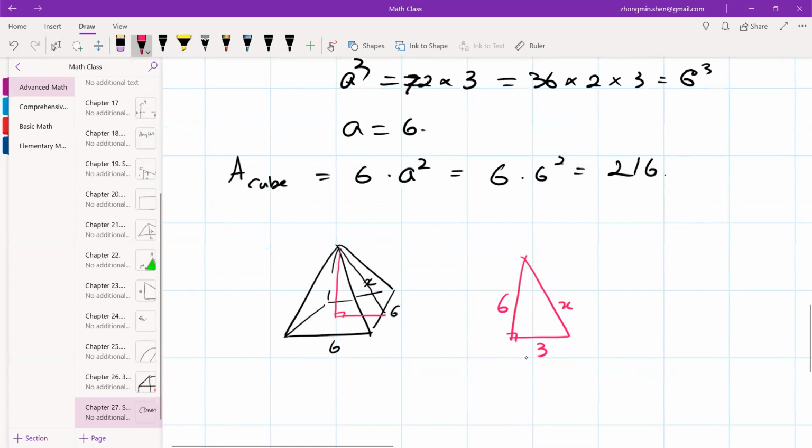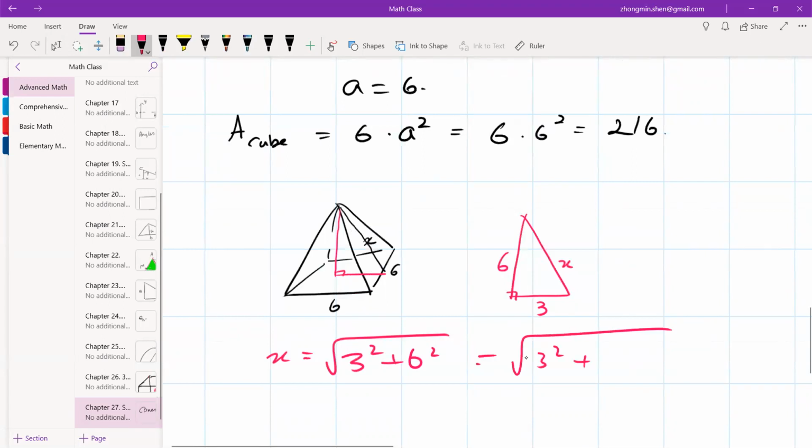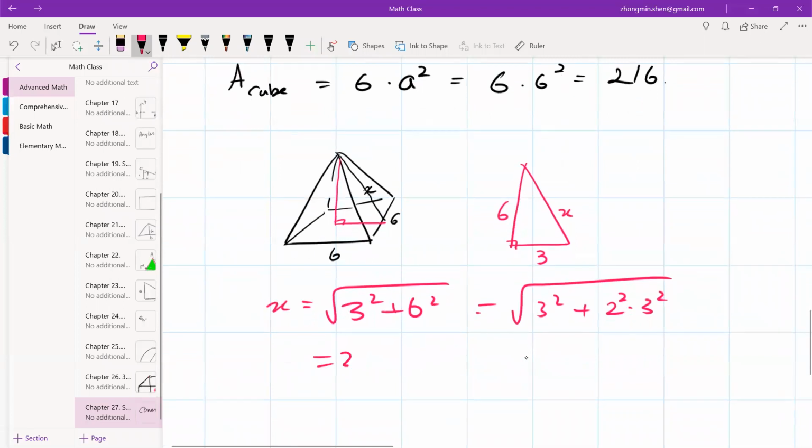Now you get x using the Pythagorean theorem. So x is the square root of 3 squared plus 6 squared. Don't multiply them out. 6 is 2 times 3, so you take 3 squared out. So you get 3 times the square root of 1 plus 4, which is 5. That is a quick way to simplify.